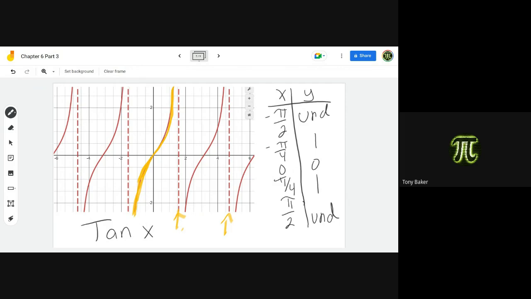Okay, so there's my parent function for tangent.